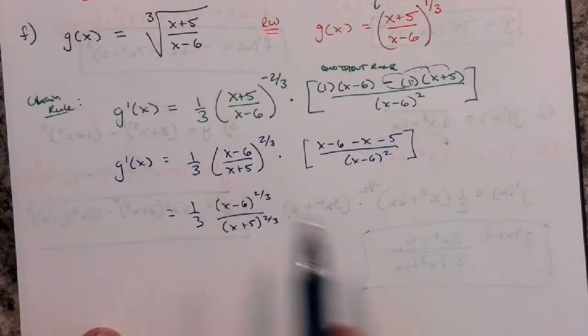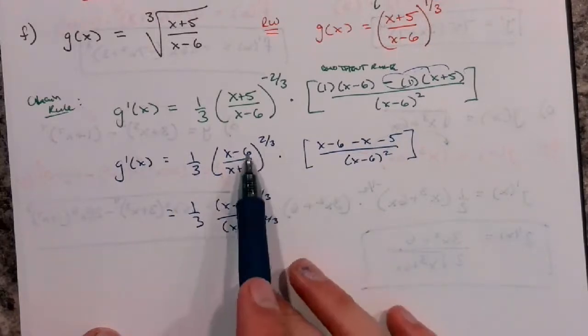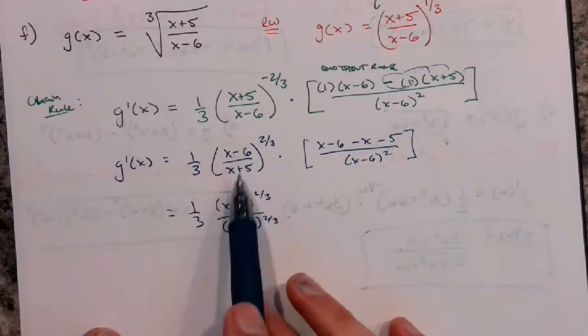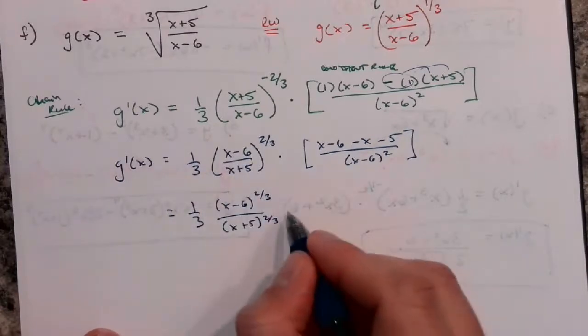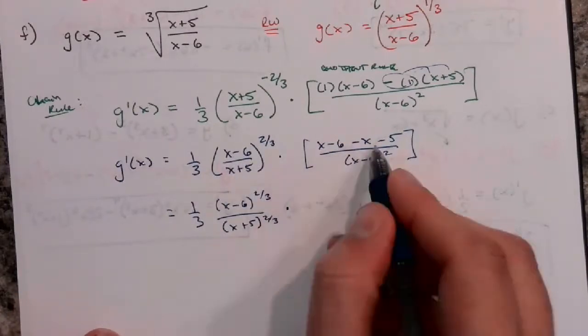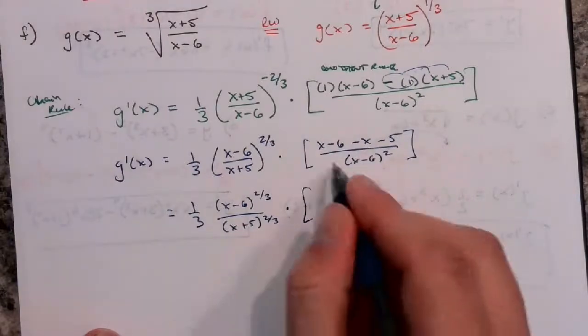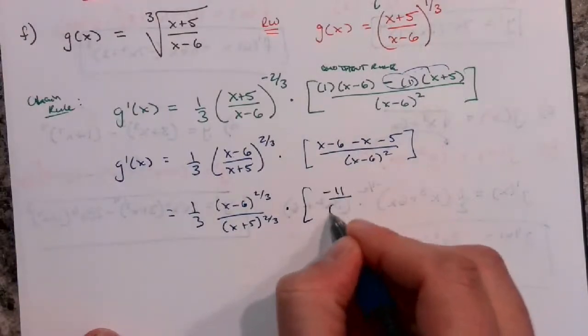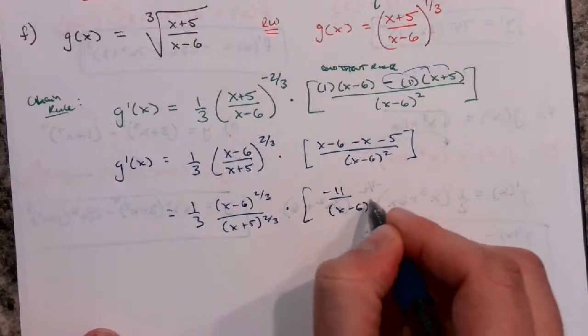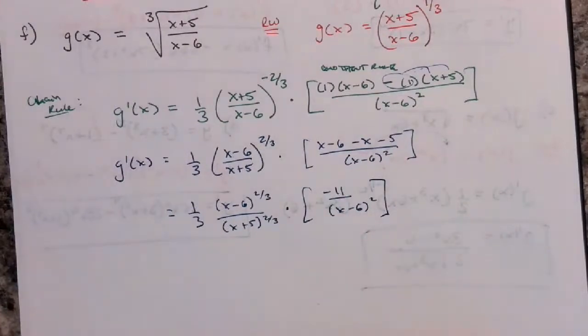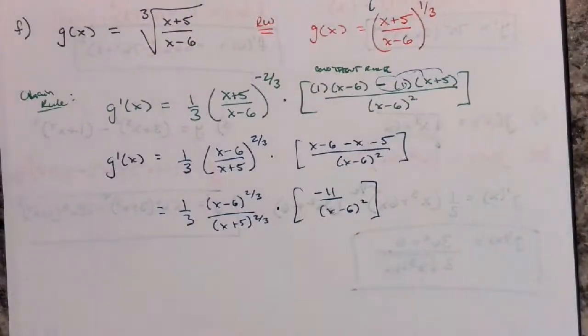You can't do it if it's just addition or subtraction between terms, but you can do it with different factors in the numerator and denominator. Times, here x minus x cancels, you're left with negative 6 minus 5, which is negative 11, over x minus 6 quantity squared. Alright, so now we're just going to continue with our simplification.